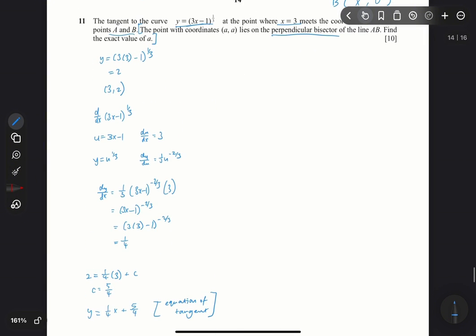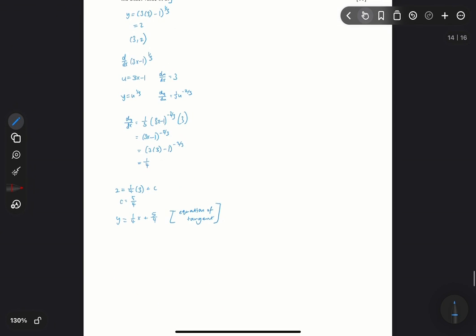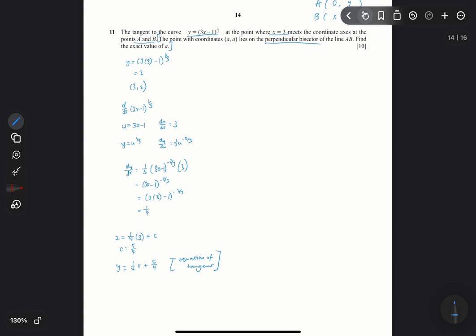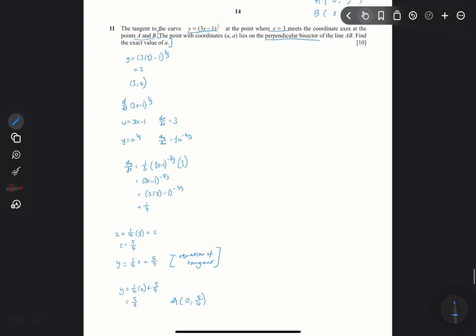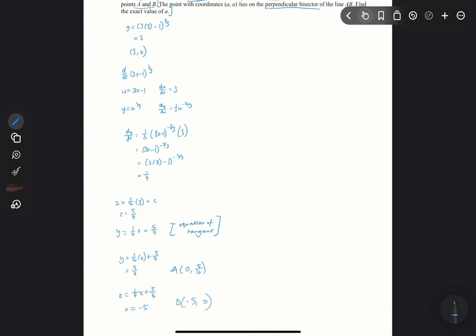And since you have the equation of the tangent, you can just substitute the 0 into the equation to find A and B. Okay, so you have the coordinates of A and B.